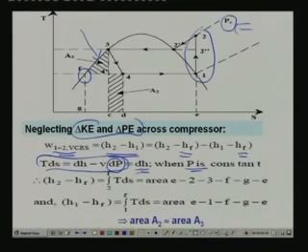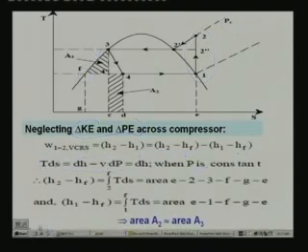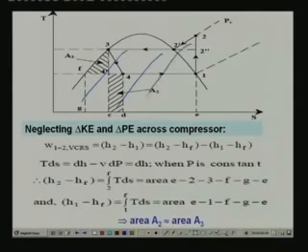So what is dH here? dH is nothing but H2 minus HF. So H2 minus HF is equal to integral TdS, which is nothing but the area under the process 2 to F, that means this entire area. That is equal to H2 minus HF. Now what is H1 minus HF?